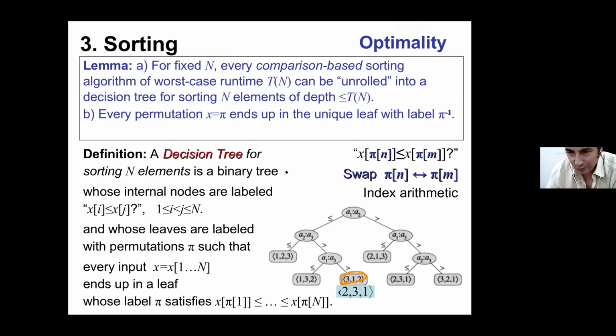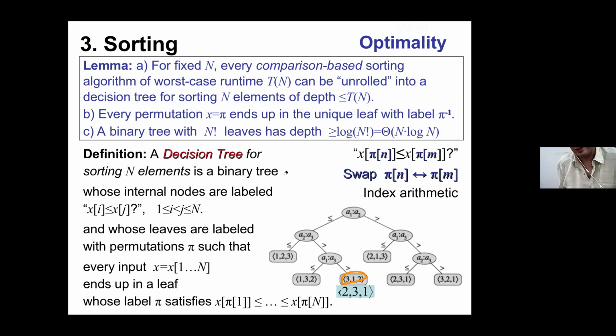And the third one is, okay, now this requires a remark. A binary tree with n factorial leaves has depth at least log of n factorial. That is clear because the number of terminal nodes increases exponentially in the depth of the tree.